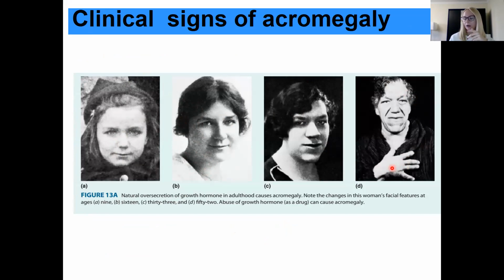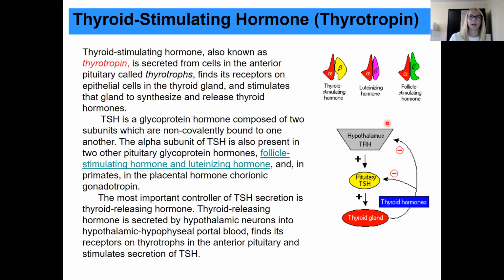So it's one of the differences between gigantism and acromegaly: in gigantism, there is proportional overgrowth of all body parts, and in acromegaly, only some bones overgrow, like in this case, the jaw and hands are bigger than other body parts compared to average.